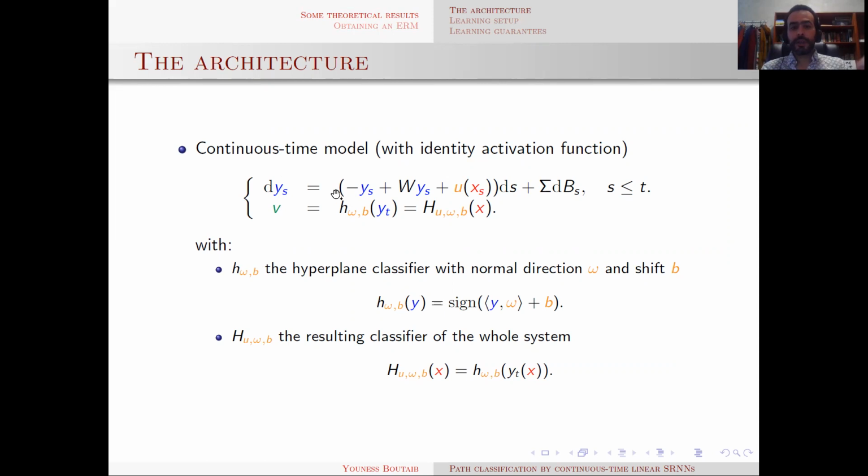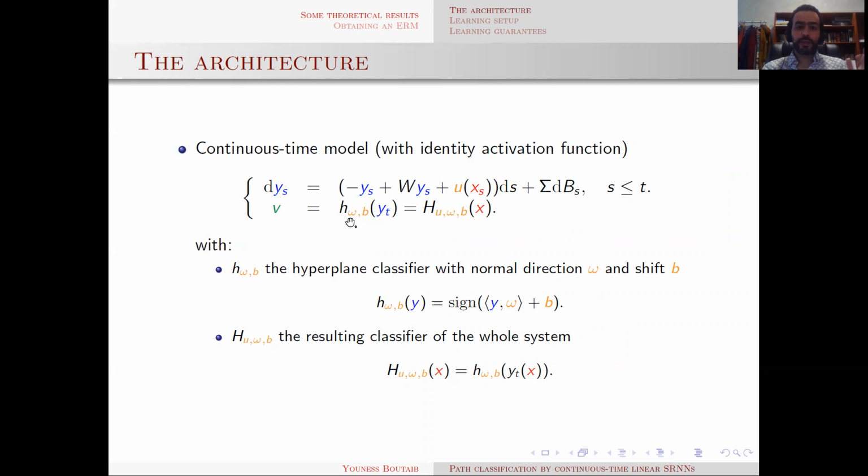Its evolution is described by a differential equation, which tells us the following: we take the processed signal u of x, we add it to the previously computed hidden state y multiplied with the connectivity matrix W, and then we add to it some noise, which is of the form increments of Brownian motion multiplied by a noise matrix sigma. At the end of time, we get a hidden state y_T.